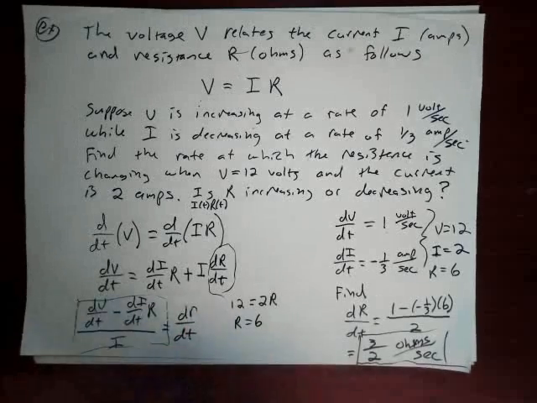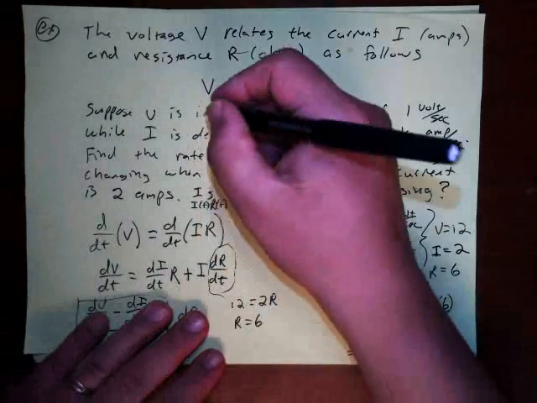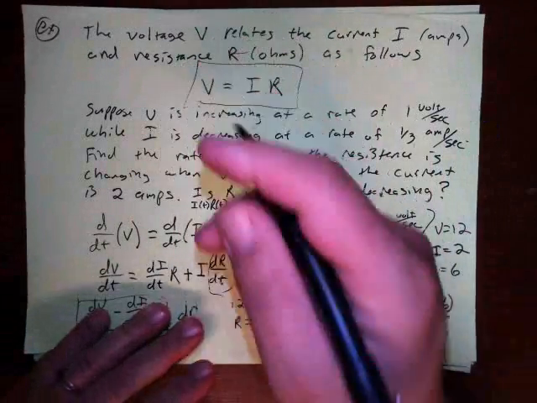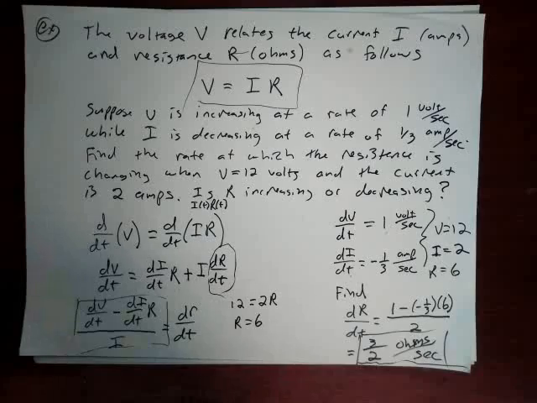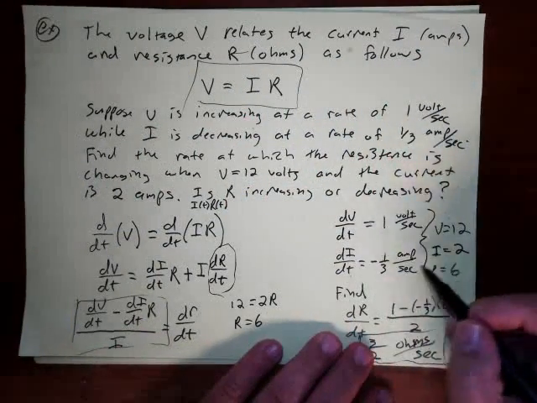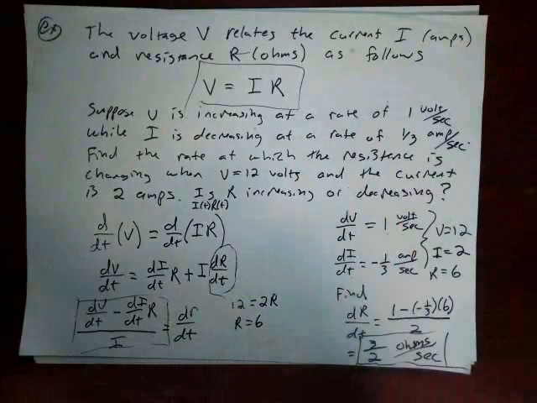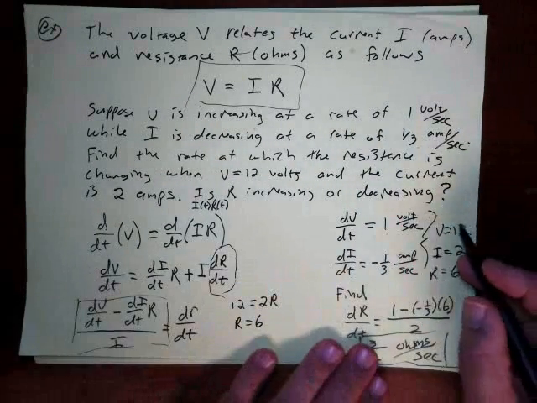Okay? So again, we didn't have to really know exactly what current and ohms and voltage all mean. We just needed this equation that relates those three things together, and we need to be able to read this part of the problem and find out what it's telling us, and it's giving us rates of change at different times.